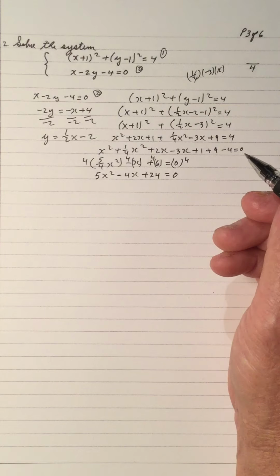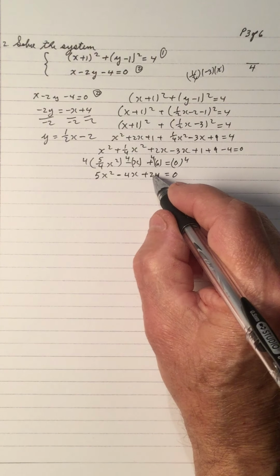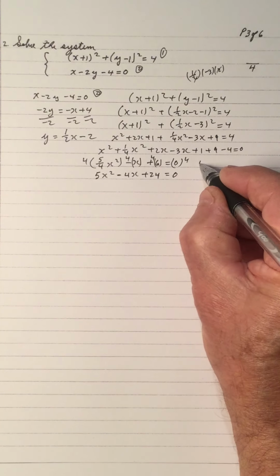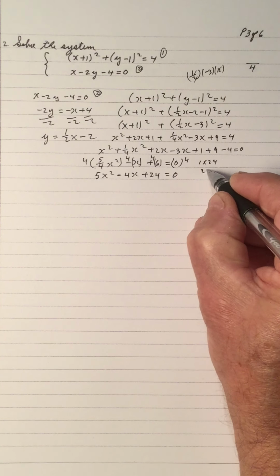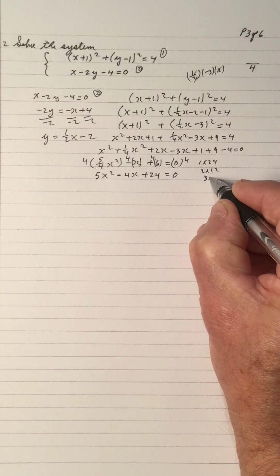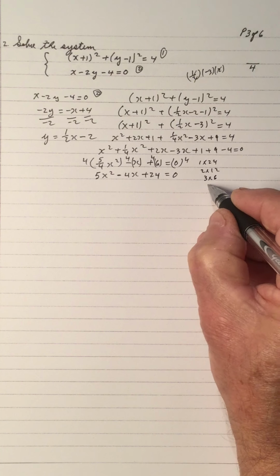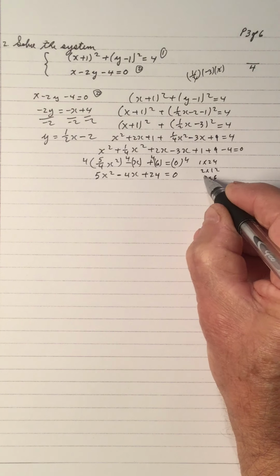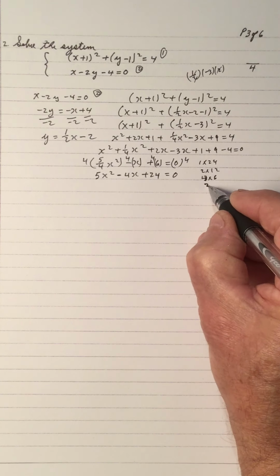So we can look at the factors of 24, which is 1 times 24, 2 times 12, 3 times 8, or 4 times 6.